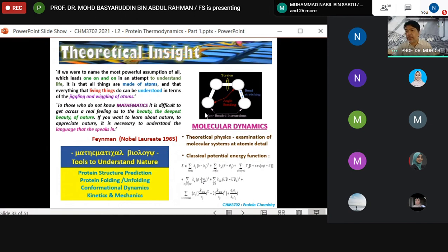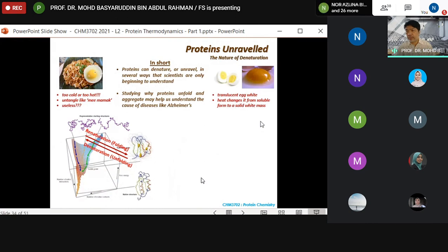We see that, as we discuss in protein, non-bonded interactions play a major role in stabilizing either the folding or unfolding of the protein. So what we did, this is a very simple thing. We know that an egg protein can denature or unravel in several ways that scientists are only beginning to understand.